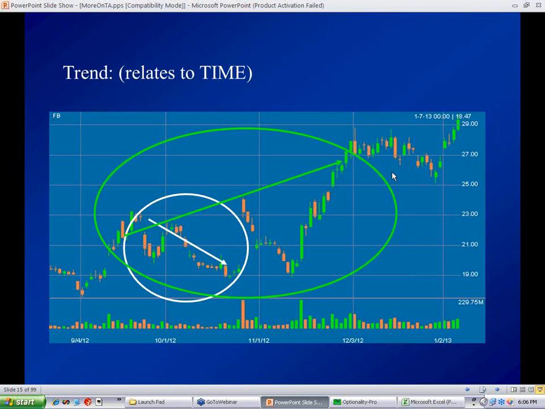You could have a 15-minute uptrend, but a downtrend for the whole rest of the day. Today was a good example, you know. The whole market trended downwards, but there were little pockets and moments where it was trending upwards. So trend is in relation to time.